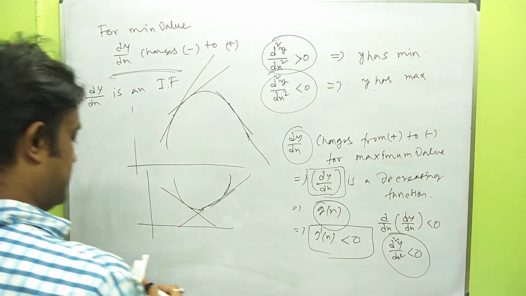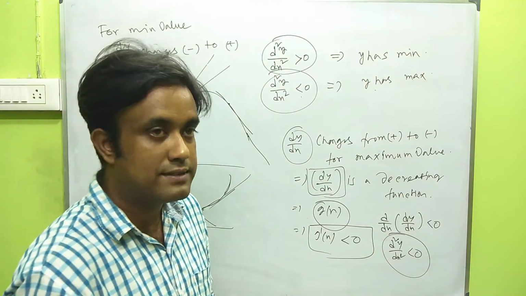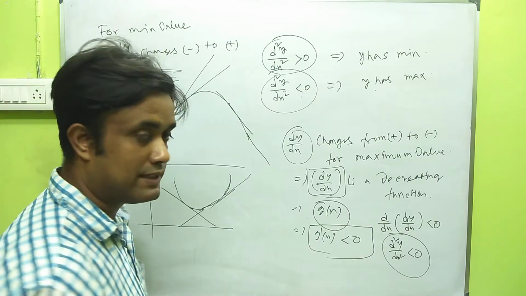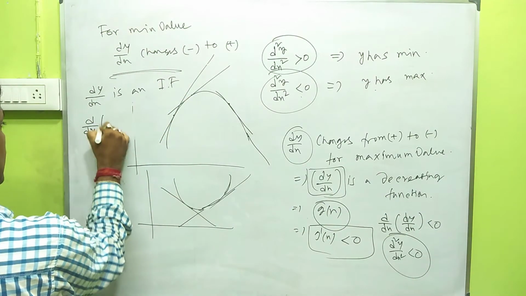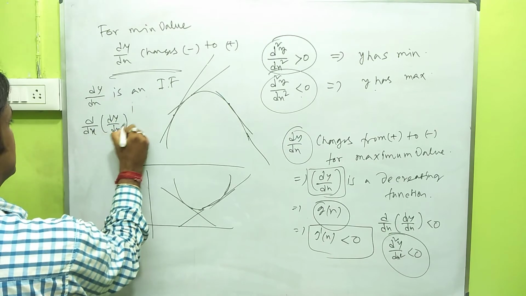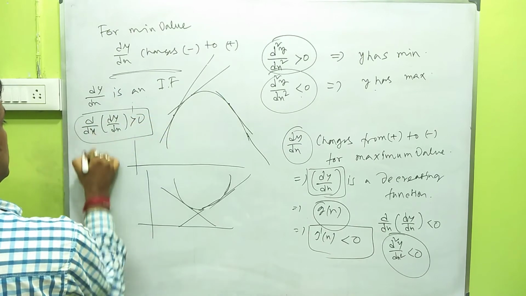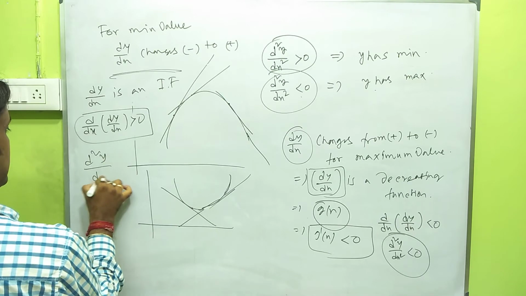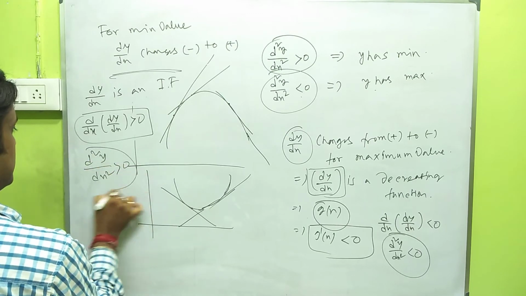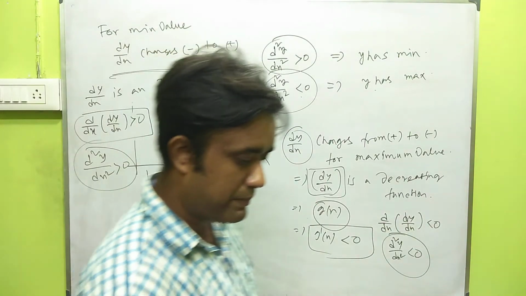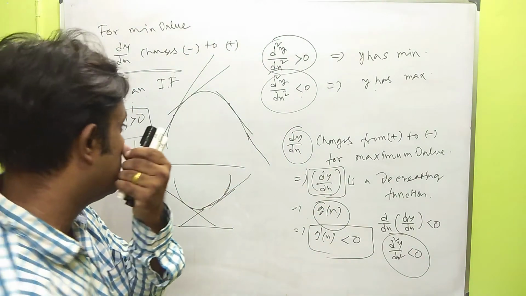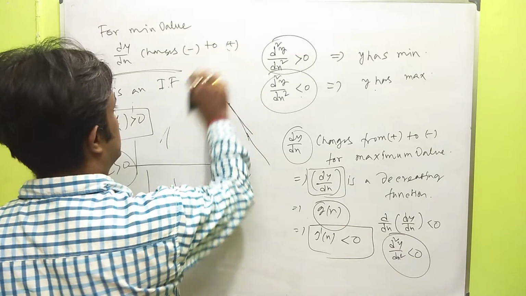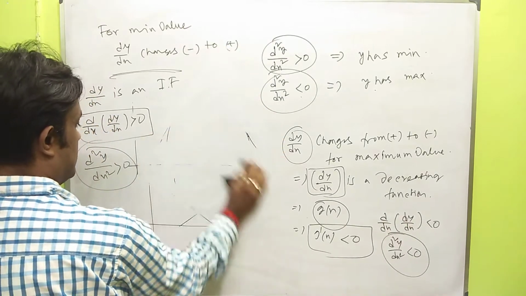So as dy dx is an increasing function, the second order derivative, that is d/dx of dy dx, is greater than 0, that is d2y by dx2 greater than 0. So this is the mystery of d2y by dx2 less than 0 or greater than 0 for maximum or minimum.